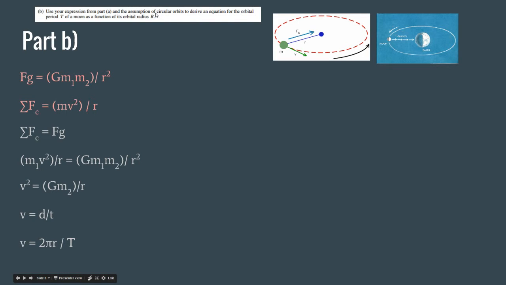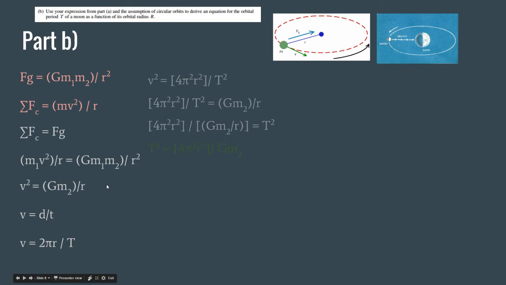So once you make the assumption of circular orbits, you can say that the distance traveled by the moon in one complete trip around Saturn is going to be 2 pi r over the period, the orbital period of the moon, which is what we're trying to come up with an expression for in this problem.